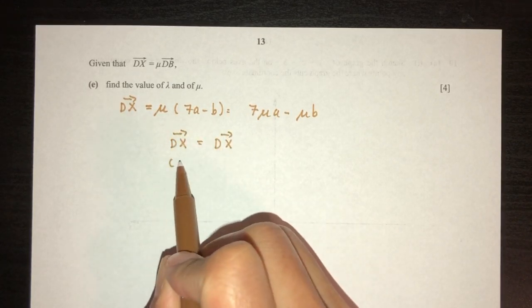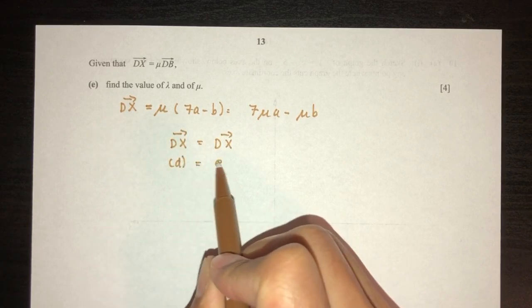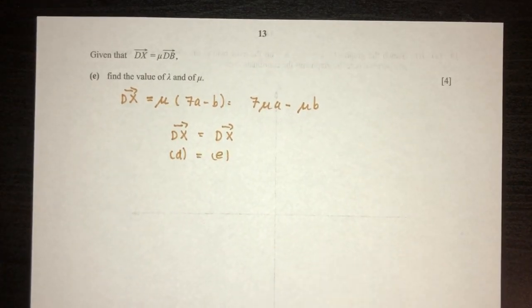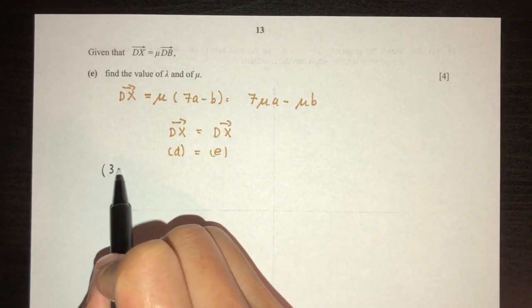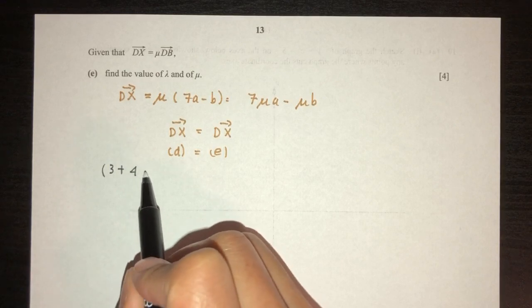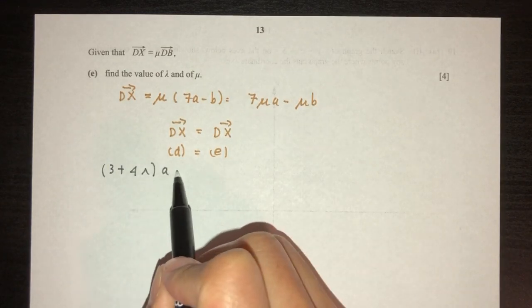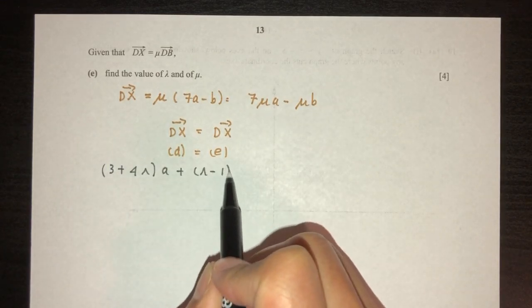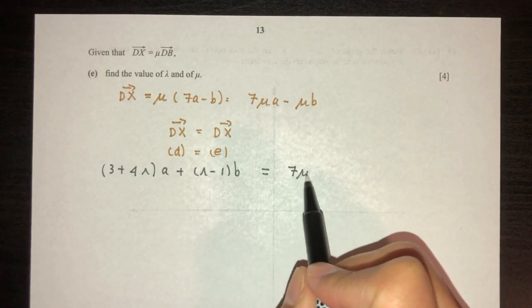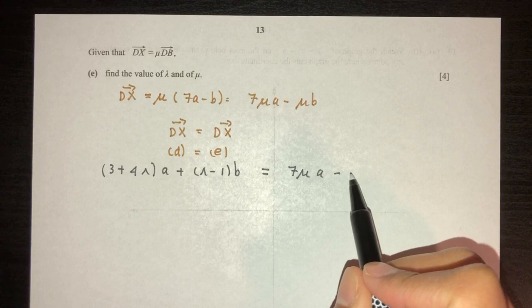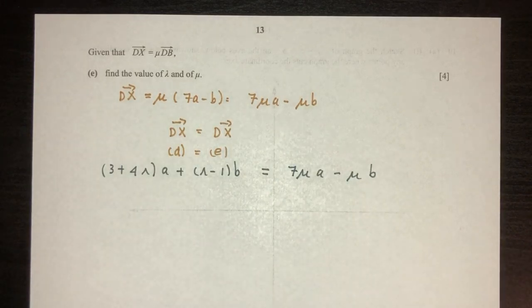Basically, the one from part D has to equal this one, right? Now replace on both sides to see what happens. On one side we have (3 plus 4 lambda) A plus (lambda minus 1) B has to equal 7 mu A minus mu B. So basically we have to compare the coefficients.